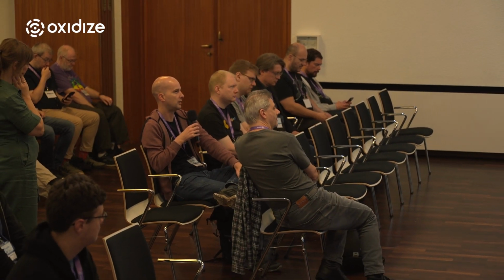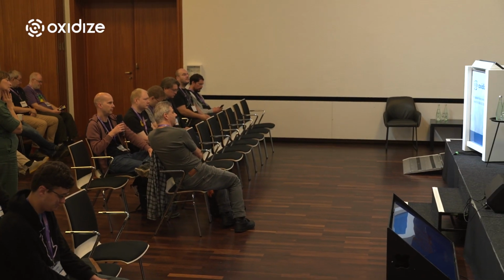Do you feel that Rust is already in a good place there with supporting those tools, or are there areas for improvement where we could make it easier to analyze?